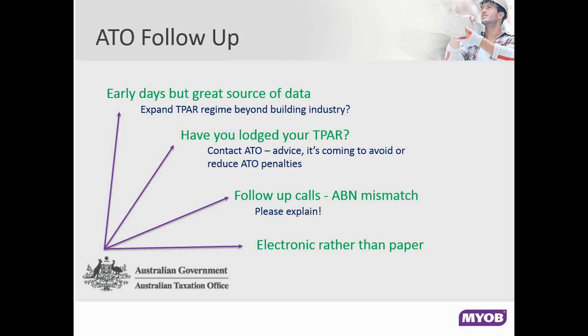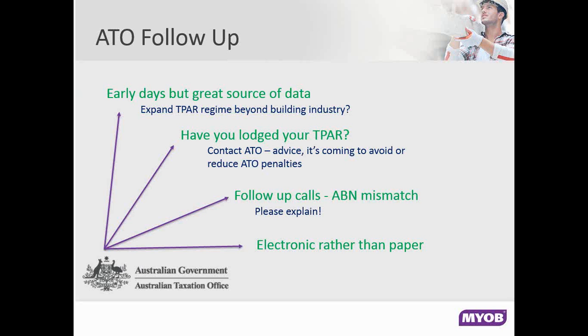And lastly as well, electronic rather than paper. The ATO are really pushing the electronic means of lodgement. Number one, it's fantastic for them because the ATO gets the raw data in straight away and gets it in very accurately. But also number two, because it's done electronically through accounting software, it means that the impact on businesses is far less than if it was done manually on paper.